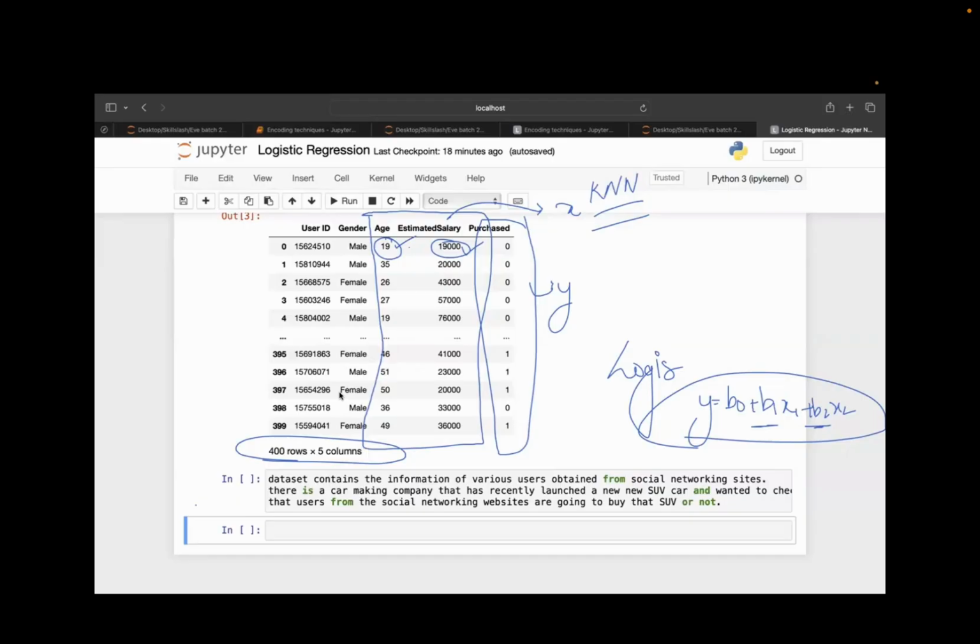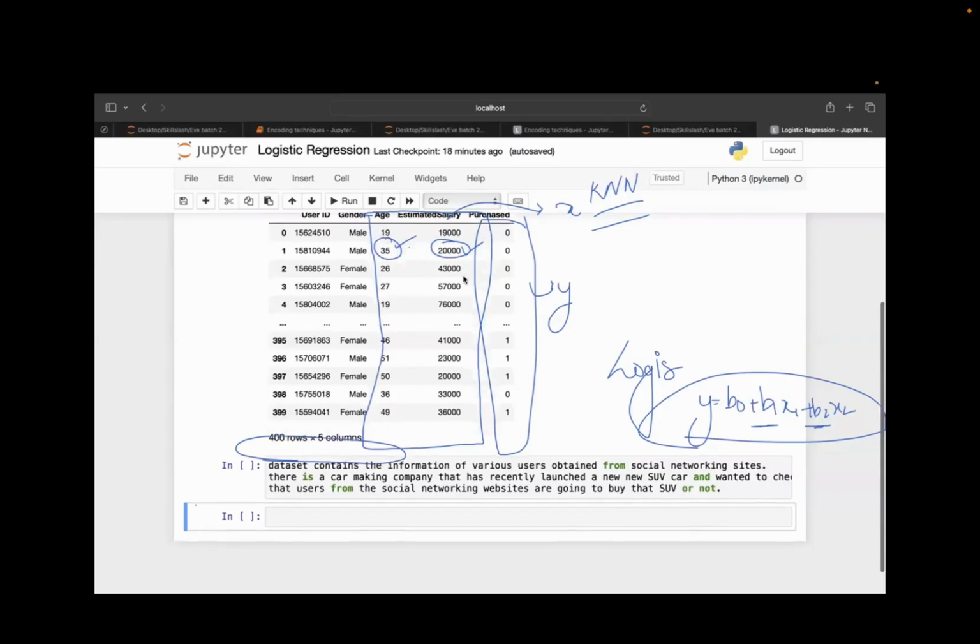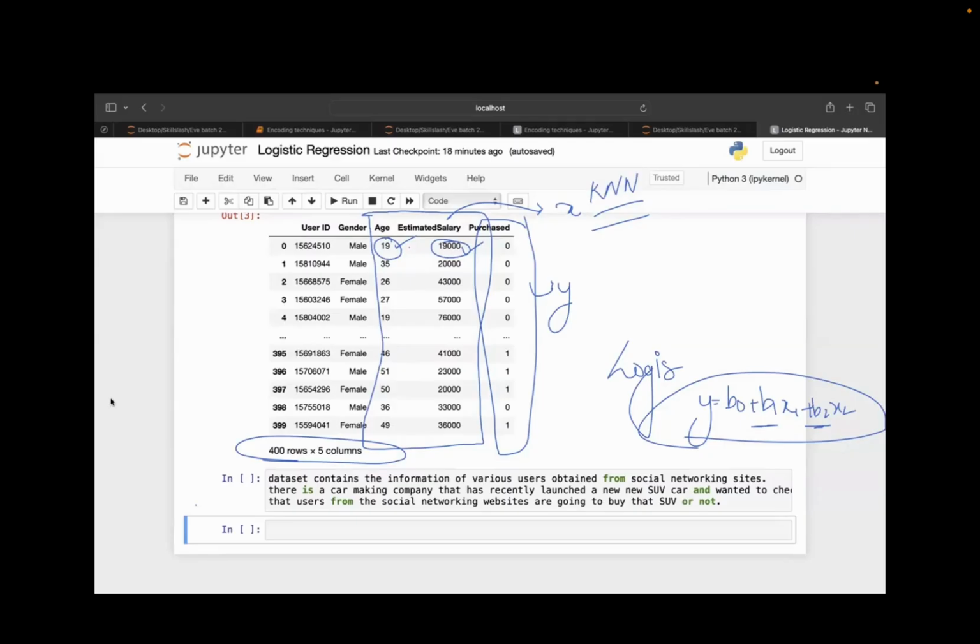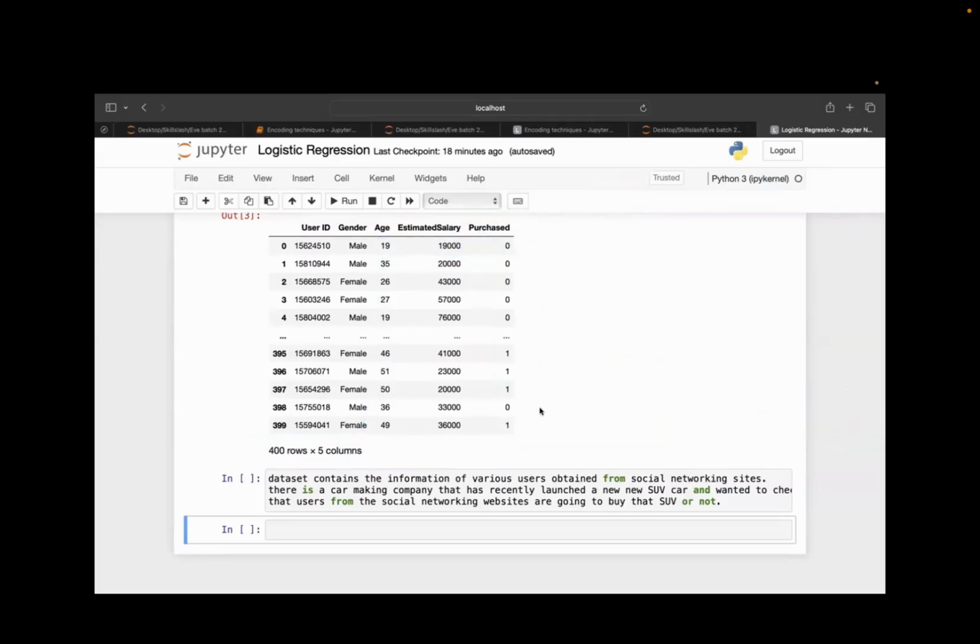That is our sole motive. Now coming back to the point, age and estimated salary, we are having these two features. We are having the equation of logistic regression. Let's talk about standardization. What is standardization? Why are we performing it here and what changes is it going to make in our data set?